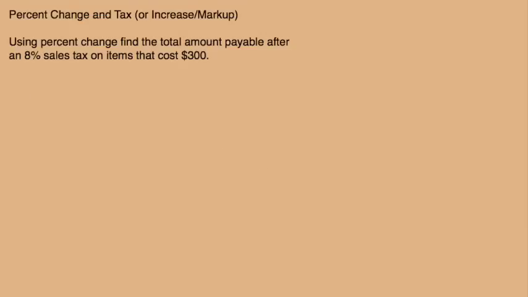Alright, to pick up where I left off. So we had the formula old plus decimal times old. And this would be your new value. So the old value, if we're going to use the numbers that were here, would have been $300.